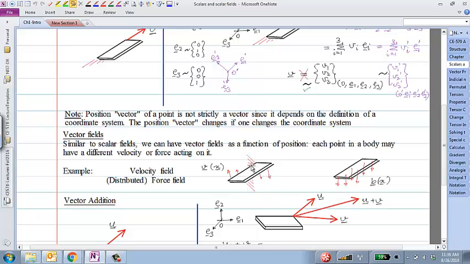And of course, that means that what we have is a velocity field as a function of x, which is the position of the point. Similarly, a distributed force field, for example, the body force, this b of x is what I'm calling. This is really what we'll see later on as well. It's a body force, which means that anything that has volume and mass is going to experience a body force like a gravitational force.